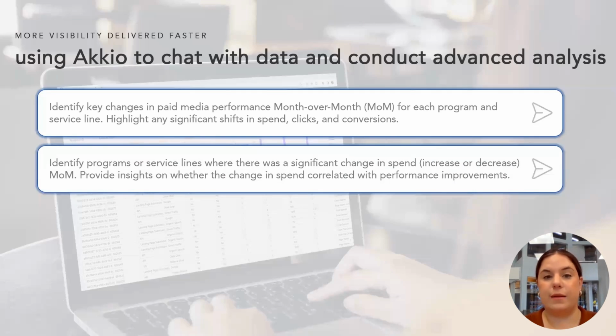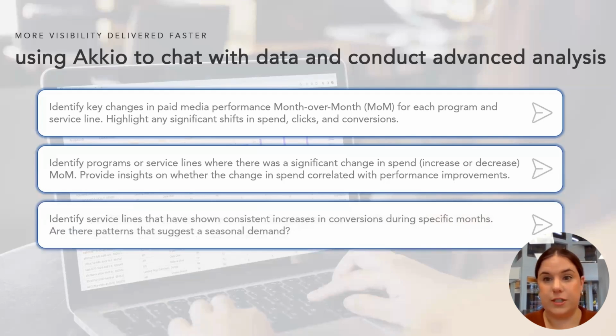And so we want to go back and make sure that we're evaluating if those dollars actually moved the needle in the way that we thought they would. Using Akkio is a great way to do that because it can really support in some more advanced analysis around what metrics changed in correlation with that spend increase, if that was significant or not, and really give us the data to understand and validate some of those budget decisions that we're making.